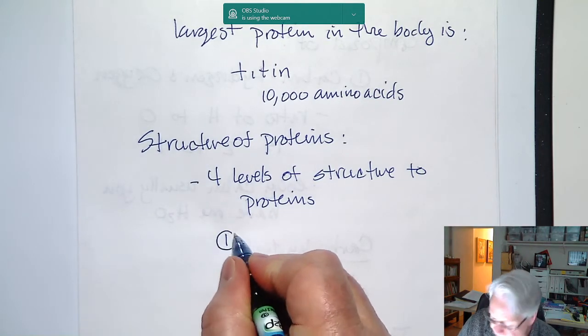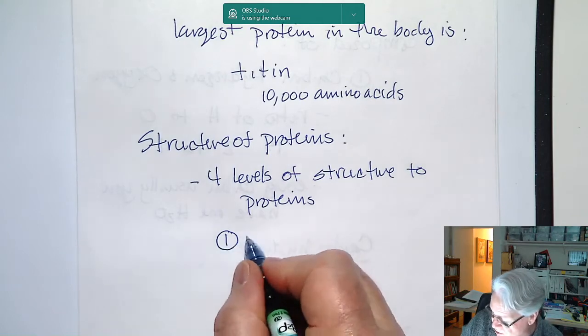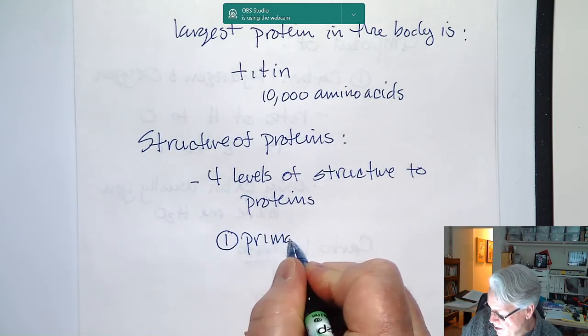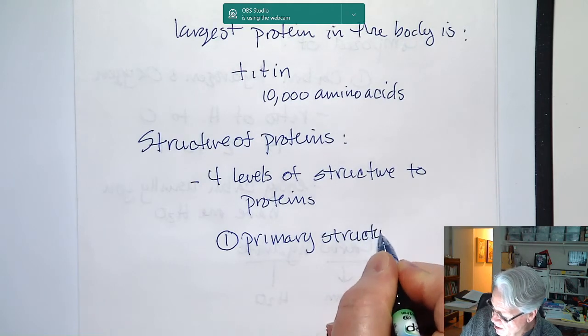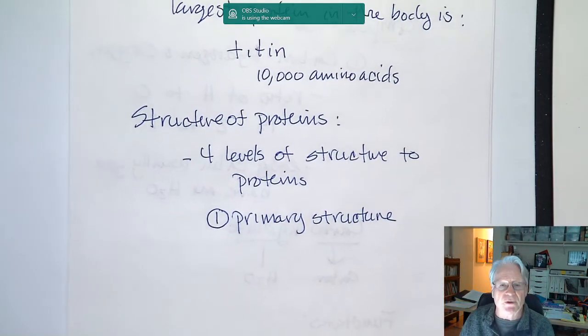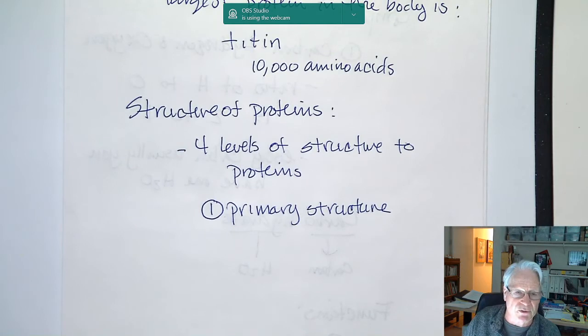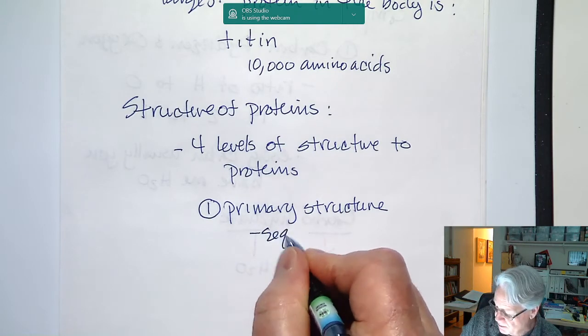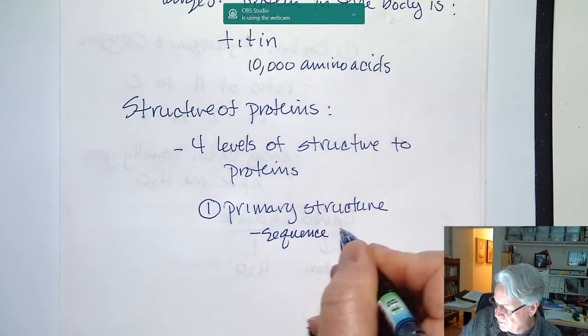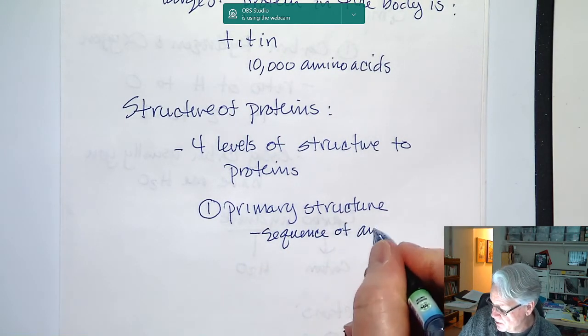Number 1 is going to be primary structure. That's what we refer to, that first level of structural complexity, as the primary structure. And this is just the sequence of amino acids.